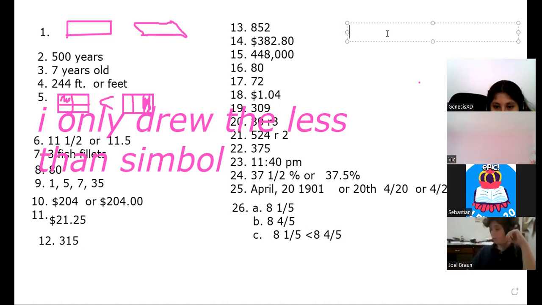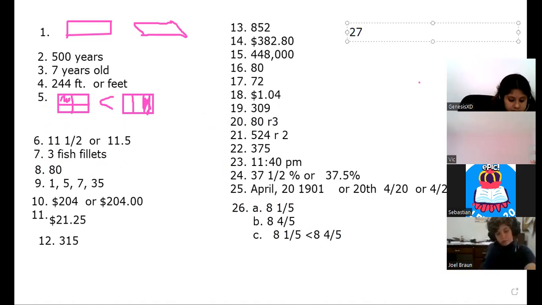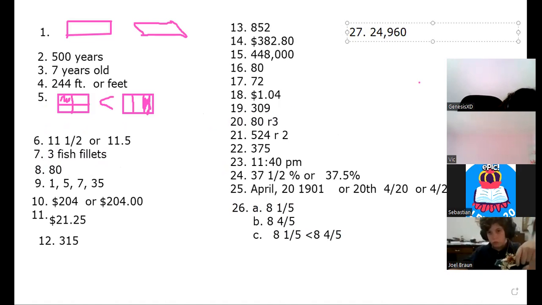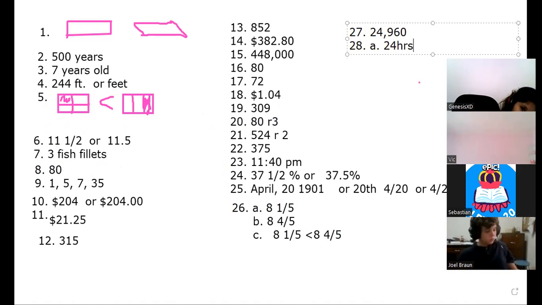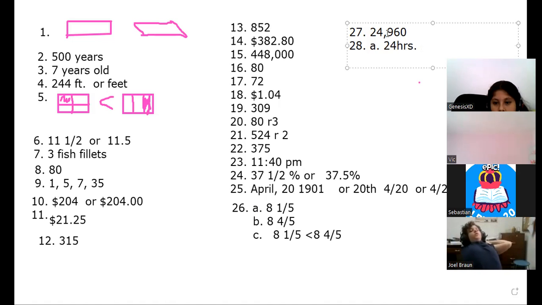Okay, all right. Number 27 is, oh, I gotta flip my book over, other page. 24,960. 28 should be letter A, 24 hours. If you just put HR, that's okay, or if you wrote out the word hours, that's fine.